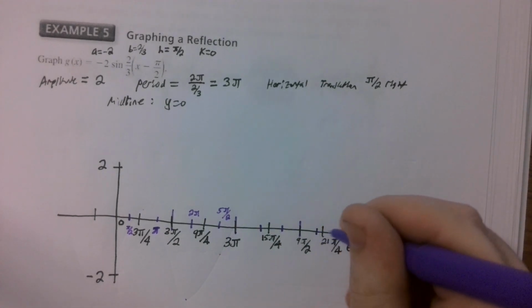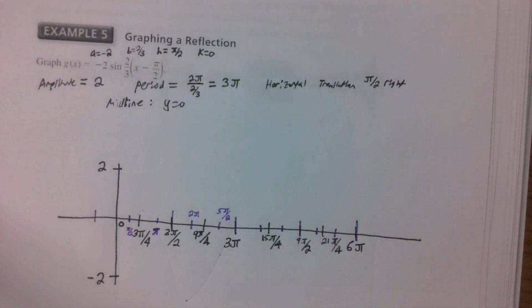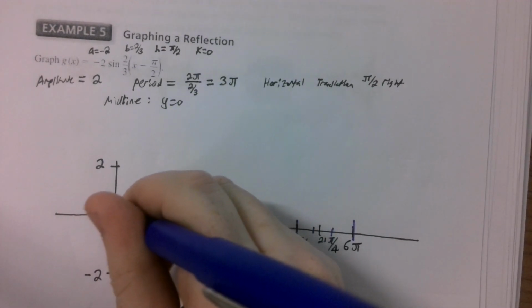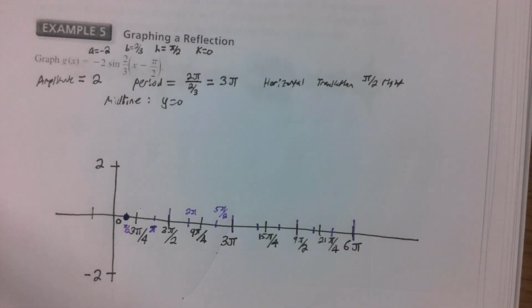I'm going to do so by showing these lines here as our pi over 2 starting places. So we have a horizontal translation pi over 2 to the right. And because it's sine, we're starting at 0. So finally, we have our first point.